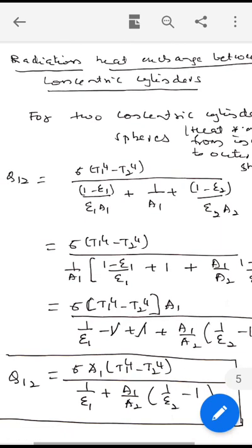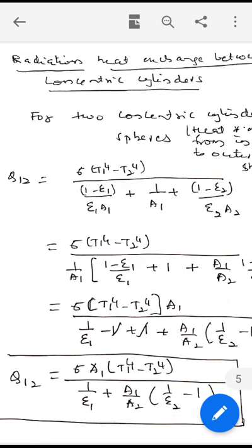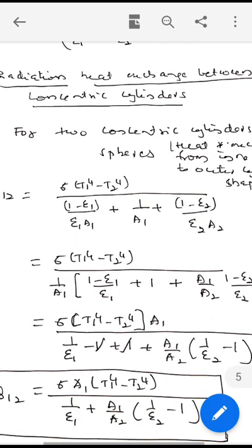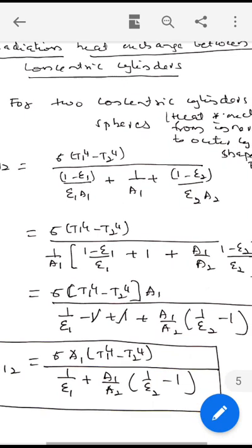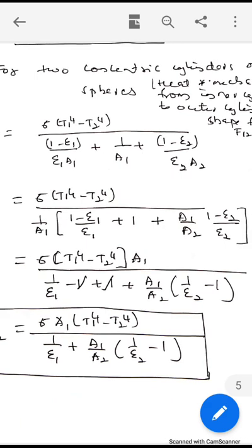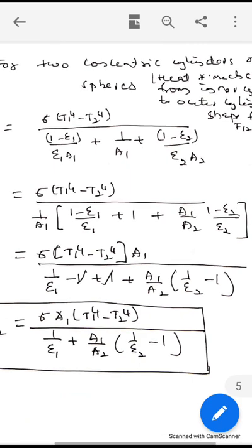Therefore, we get Q12 equal to sigma (T1 raised to 4 minus T2 raised to 4) divided by (1 minus epsilon 1)/(epsilon 1 A1) plus 1/A1 plus (1 minus epsilon 2)/(epsilon 2 A2), just as we did in the parallel plate case. Here A1 will not be equal to A2 because these are concentric cylinders. Therefore, taking 1/A1 outside the bracket, in the denominator it will be (1 minus epsilon 1)/epsilon 1 plus 1 plus (A1/A2)(1 minus epsilon 2)/epsilon 2.